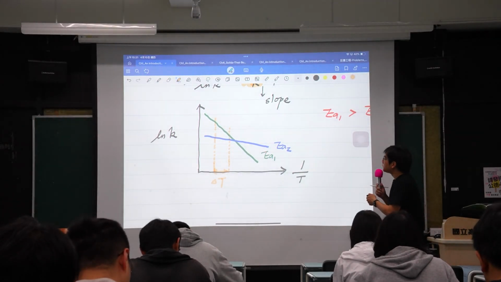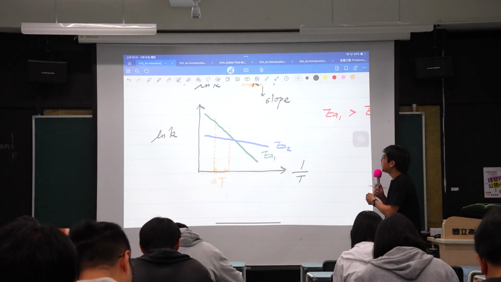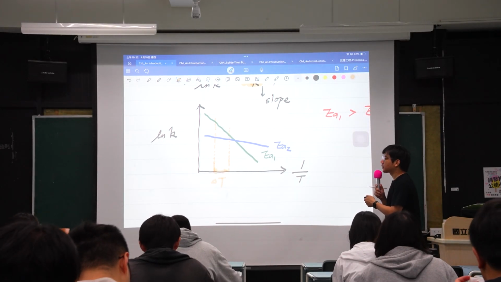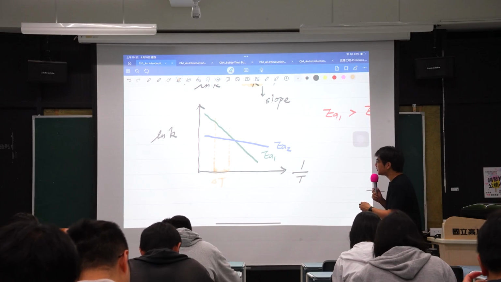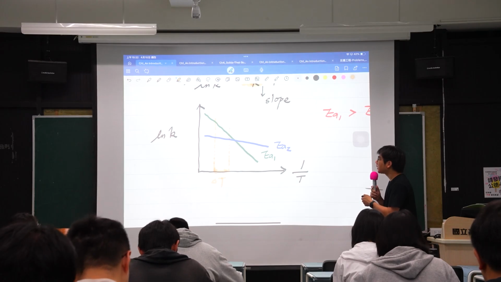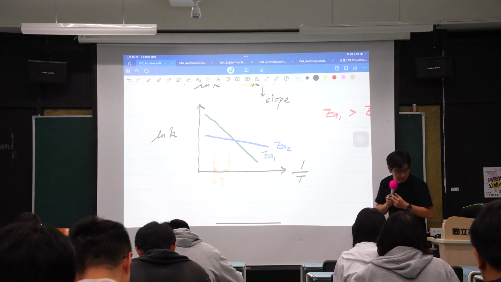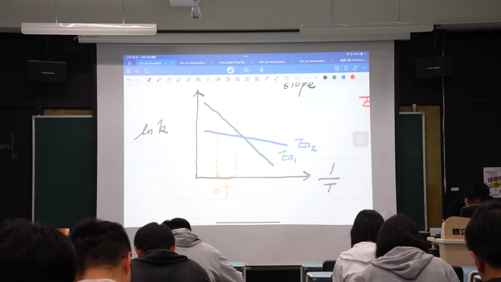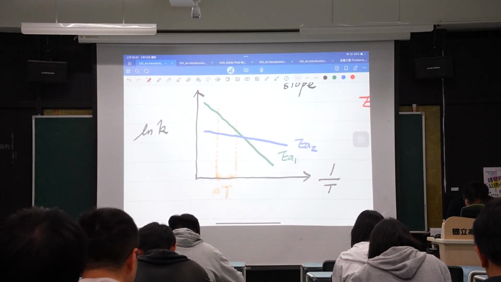For reaction 1 and reaction 2, they have the same temperature difference, the same delta T, right? And their ln k is a little bit different.